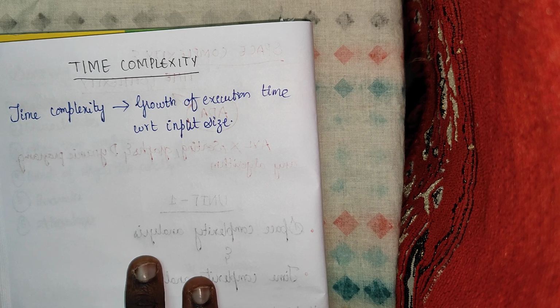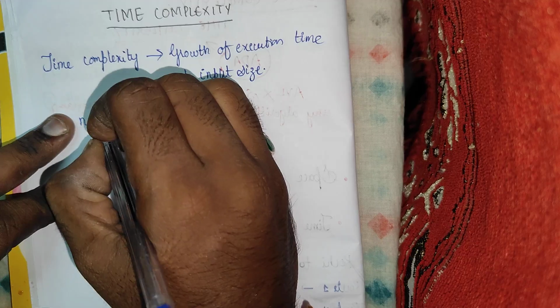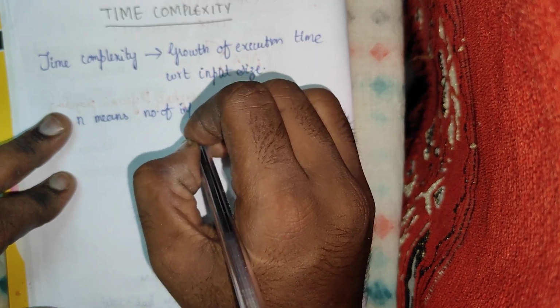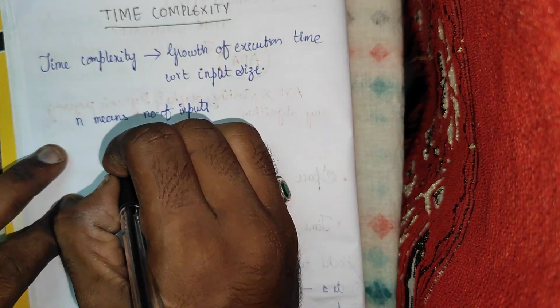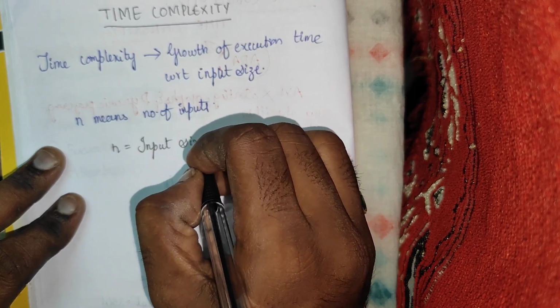Here n means the number of inputs, so n is equal to input size.